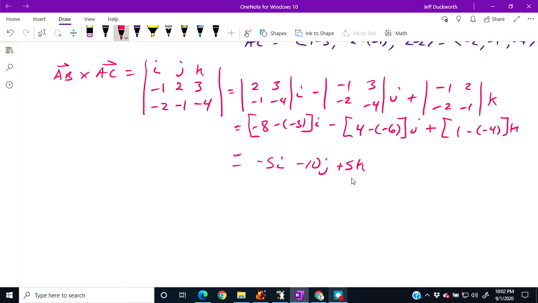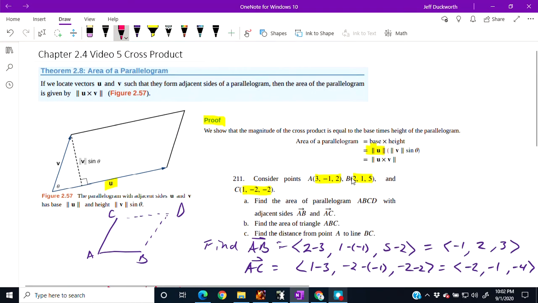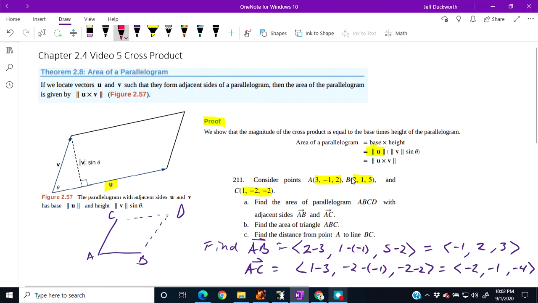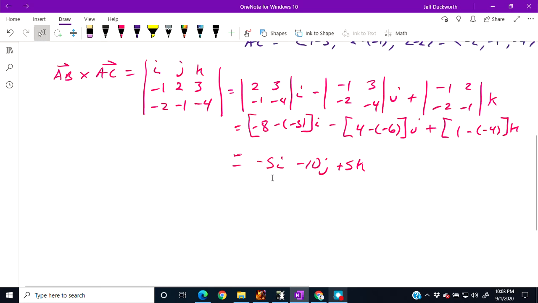All right, so now we've found what AB cross AC is, and according to this, for the area of our parallelogram we're going to need to find the magnitude of this. So again, our u is AC and our v is AB, or vice versa. So let's find that.